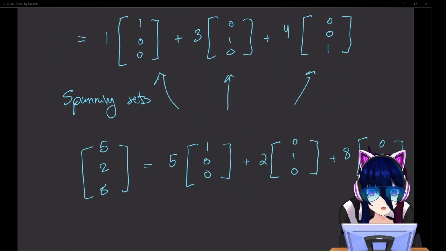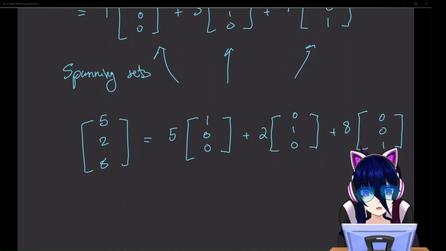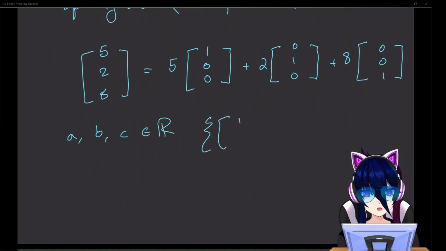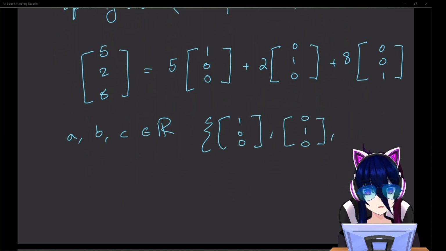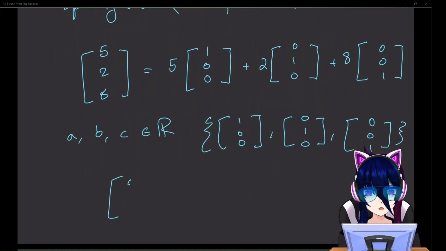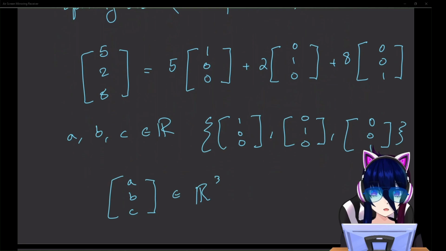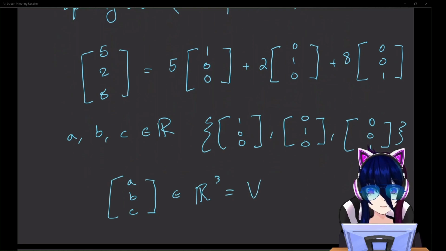So really, I can take any combination of scalars a, b, and c, as long as they're real numbers, and then multiply them by these vectors, 1, 0, 0, 0, 1, 0, and 0, 0, 1. And that can get me any vector a, b, c, which will always be in the three-dimensional real numbers, our vector space.